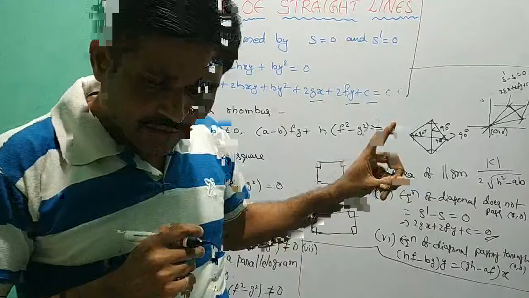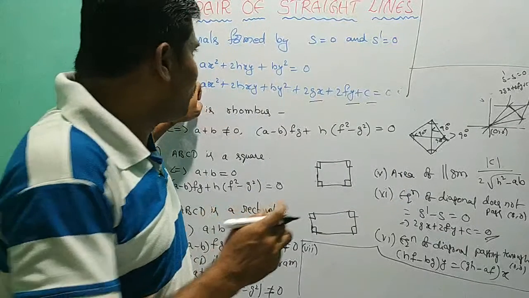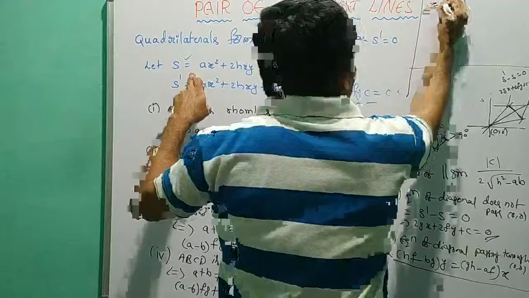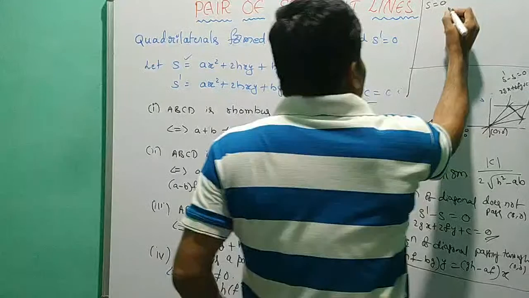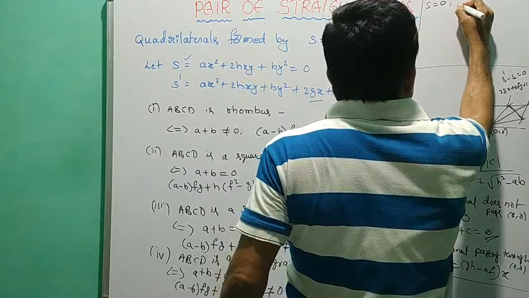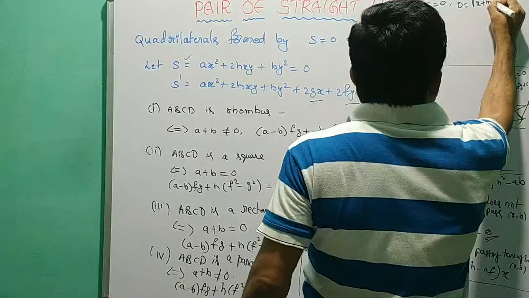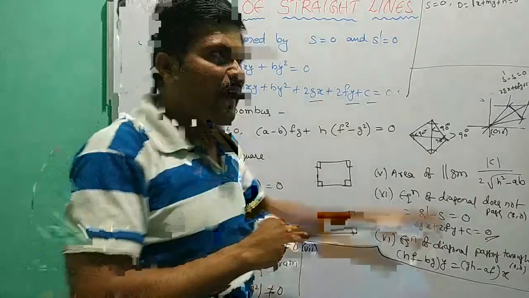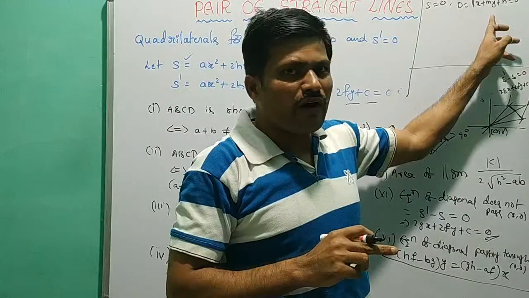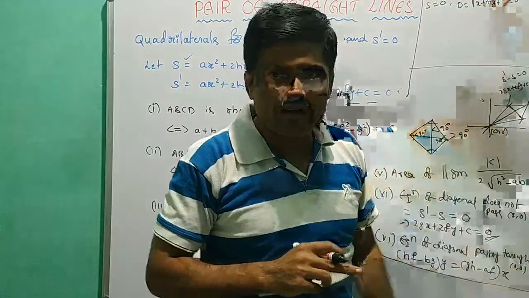Here one pair is given, and the other pair is lx plus my plus n equals 0. One pair of adjacent sides. This is one diagonal through the origin.